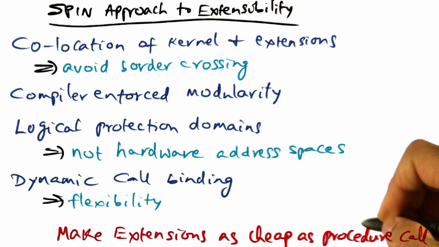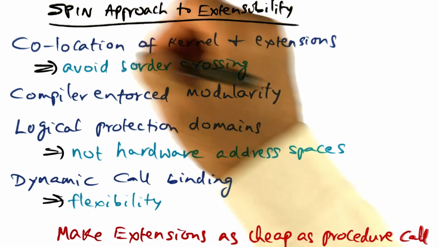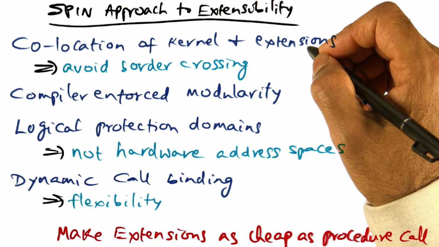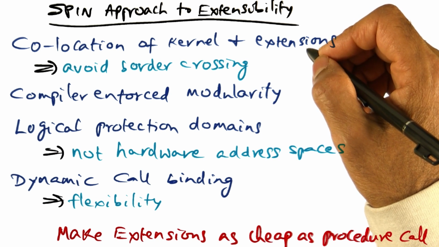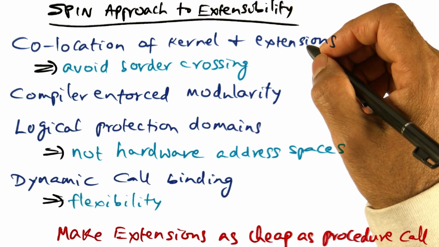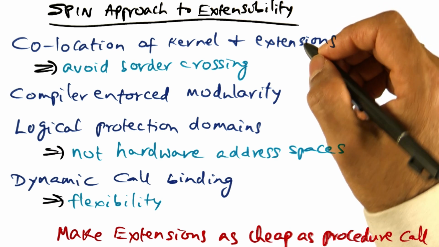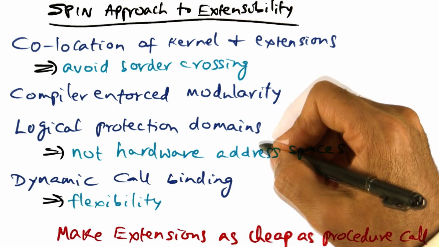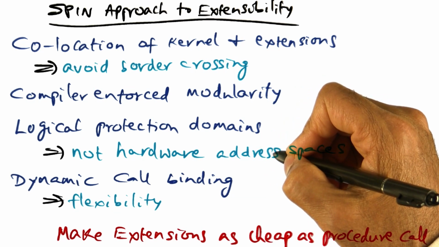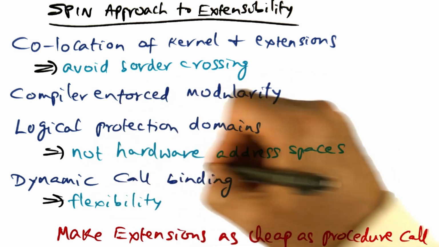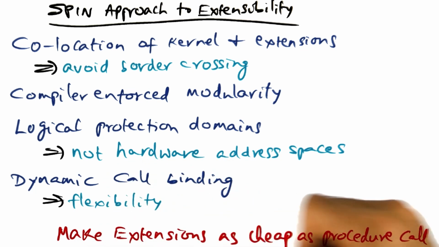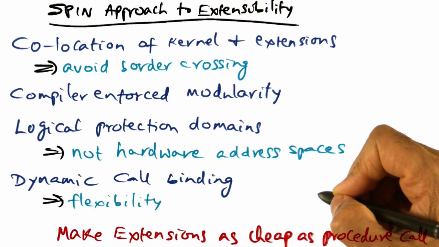So in a nutshell, what we've accomplished with the Spin approach to extensibility is we are riding on the characteristics of a strongly typed programming language that enforces strong typing and therefore allows the operating system designer to implement logical protection domains instead of relying on hardware address spaces. And consequently, we're making extensions as cheap as procedure calls.